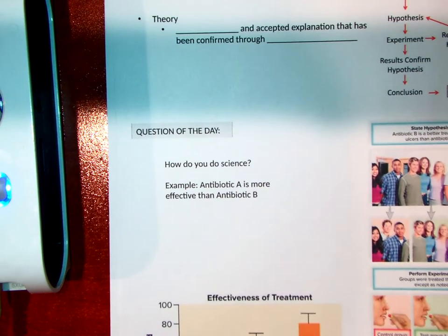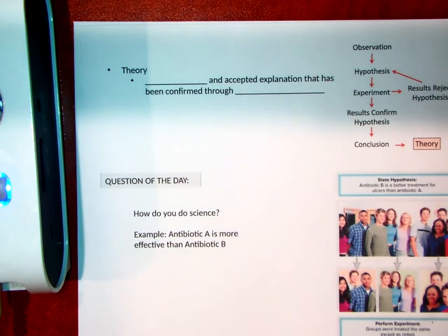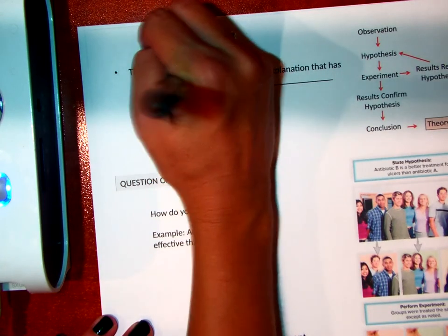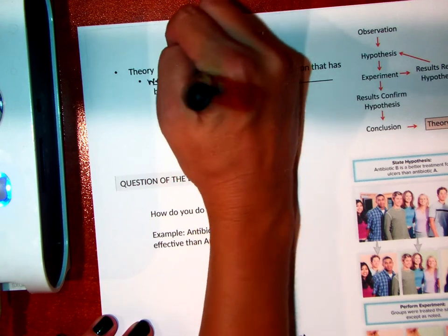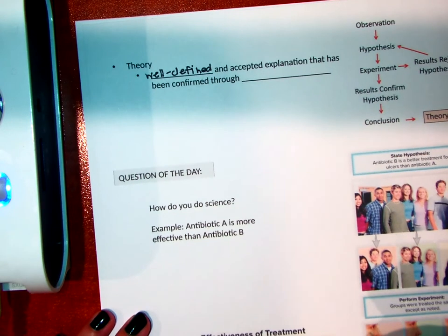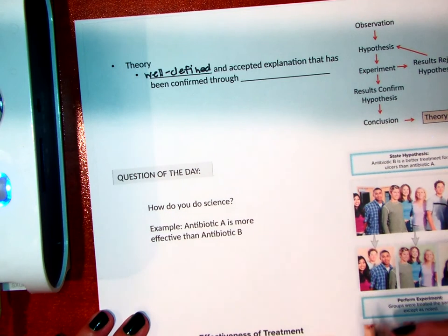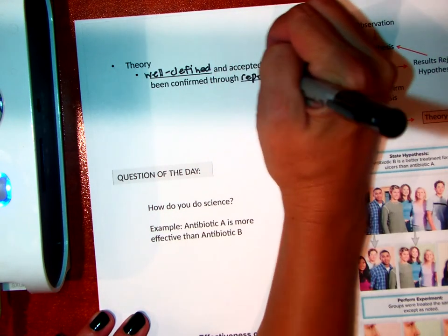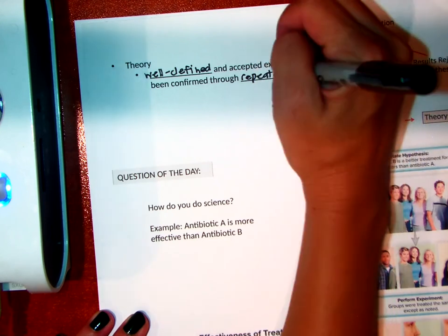All right, so moving on to our last page for the scientific method here, we've got theory. So theory is a well-defined and accepted explanation that has been confirmed through many repeated experiments.